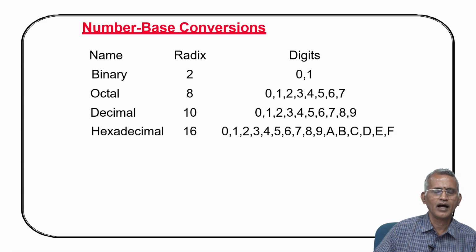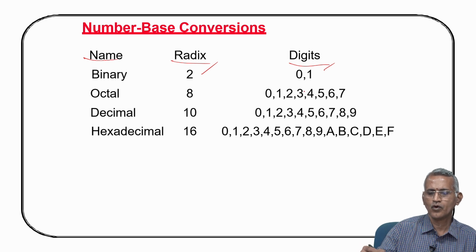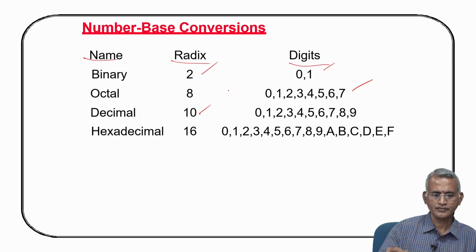Now, we have number base conversions with the name, radix and digits. For binary, we have 0, 1. For octal, the radix is 8 and the corresponding digits are 0, 1, 2, 3, 4, 5, 6, 7. For decimal, the radix is 10 and the digits are 0, 1, 2, 3, 4, 5, 6, 7, 8, 9.